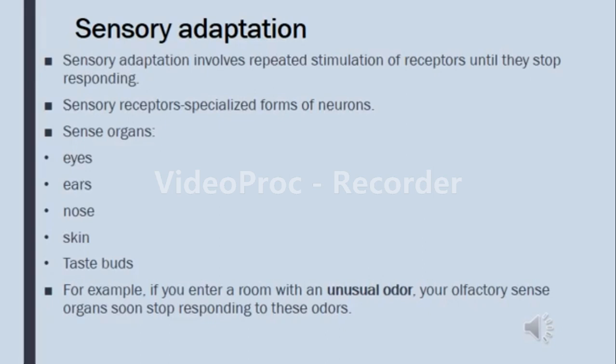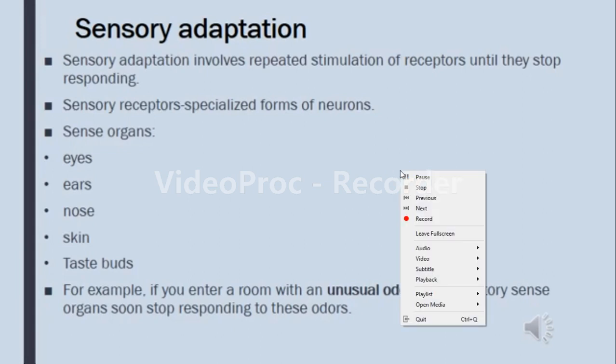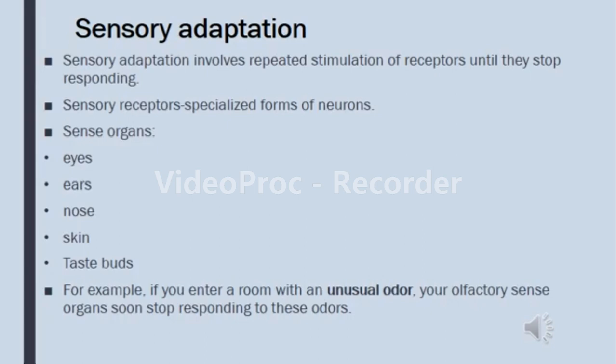So when you enter a room with odors and darkness, first your olfactory nerve responds to this new stimulus, and you are able to recognize the odor and understand about the person in the darkness.